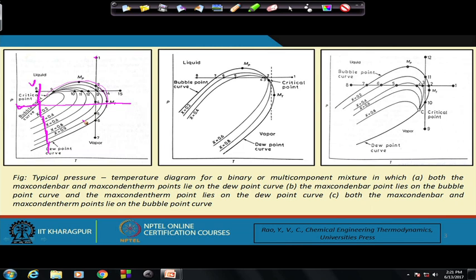Just the reverse thing happens if, instead of on the dew point curve, both MP and MT lie on the bubble point curve. In this case also, suppose we are operating at lower temperature pressure conditions, we find that we take a vapor and start heating the vapor at constant pressure.